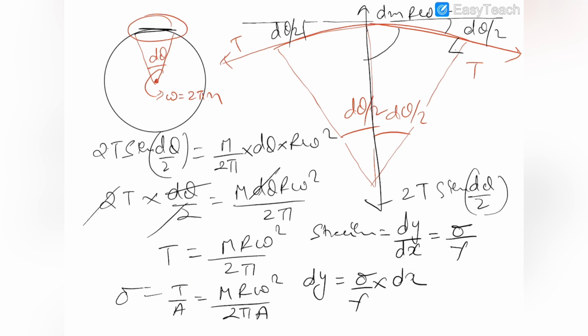Now if we integrate both the sides, dy is equal to sigma by gamma into dx. dy is the extension in a small part of dx, so the total extension will be delta L, and the total length of the wire is L. So delta L will be equal to sigma by gamma into L. Now we know that L is the total length, which is 2 pi r, and delta L is the change in length, which is 2 pi delta r.